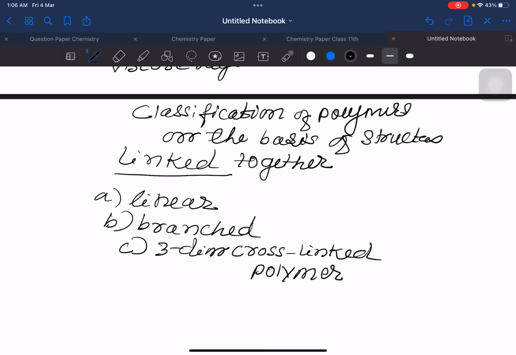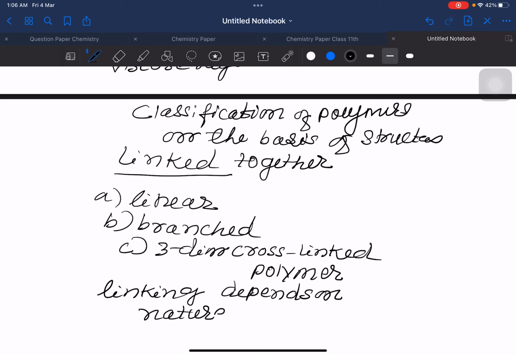The nature of linking the monomers depends upon the nature and number of functional groups in them.